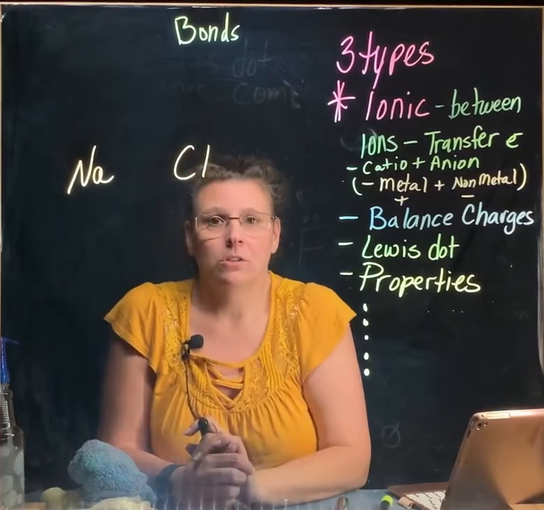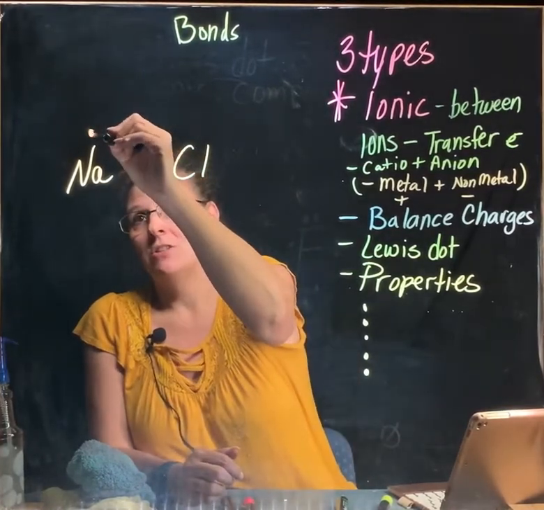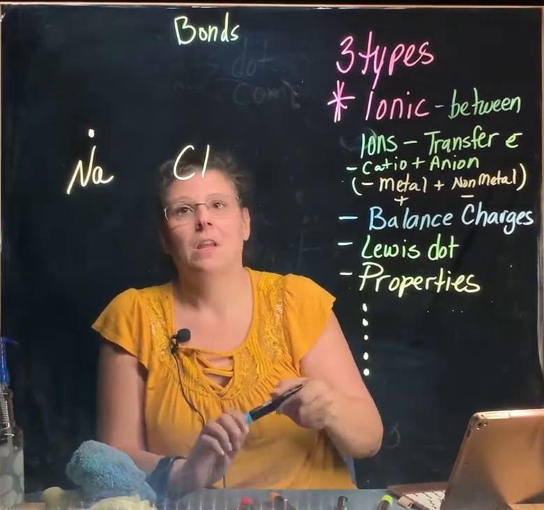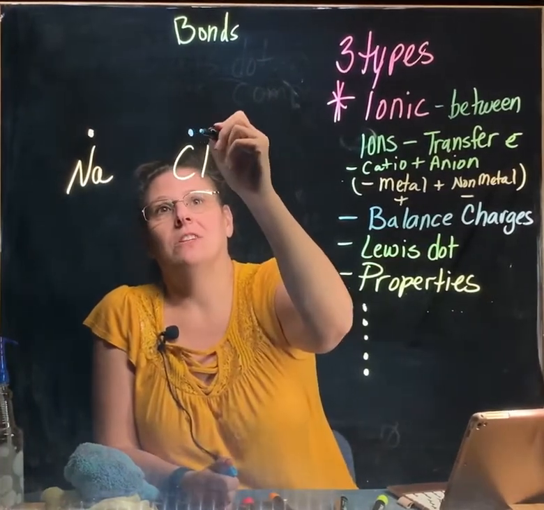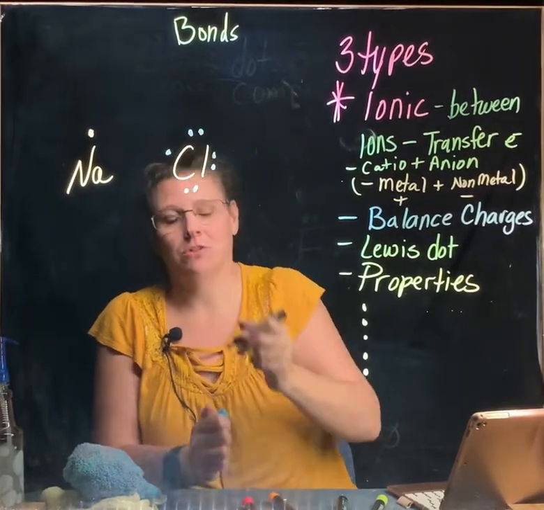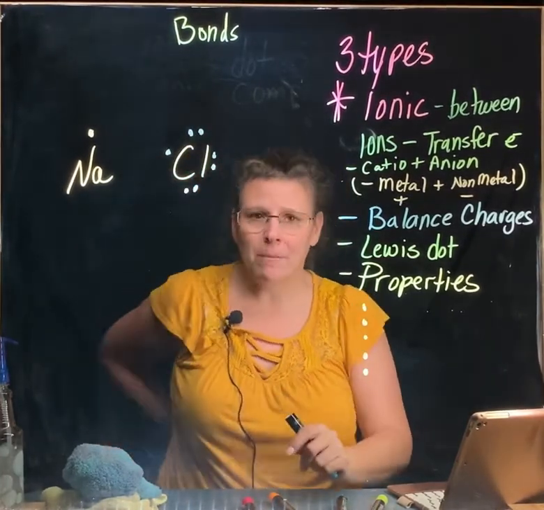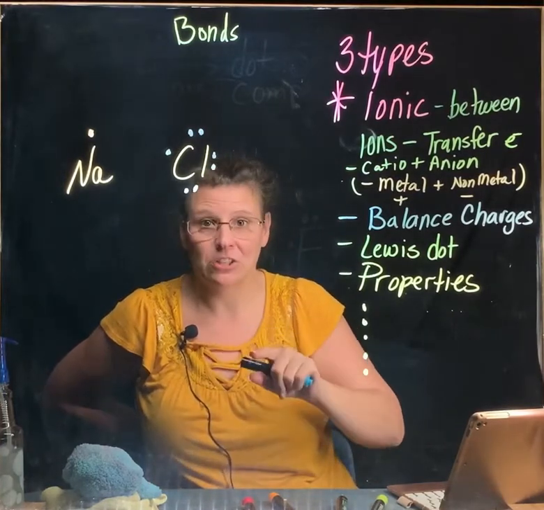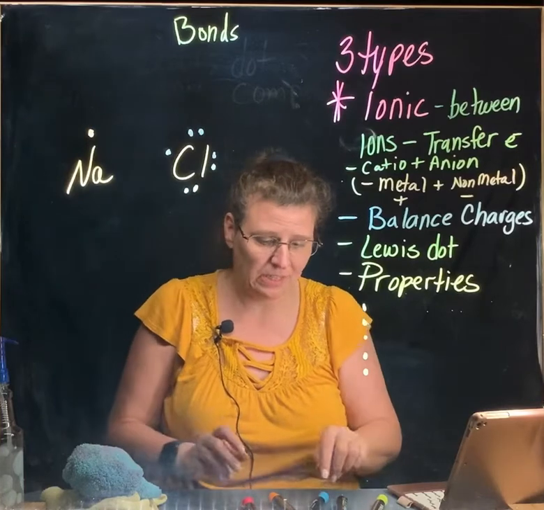Okay, sodium has one valence electron, so our Lewis dot structure has one dot. Our chlorine has 7 valence electrons. So it has 7 dots in its Lewis dot structure. And when we talk about bonding, we're talking about the valence electrons. That's where all the bonding happens, is in the valence electrons.